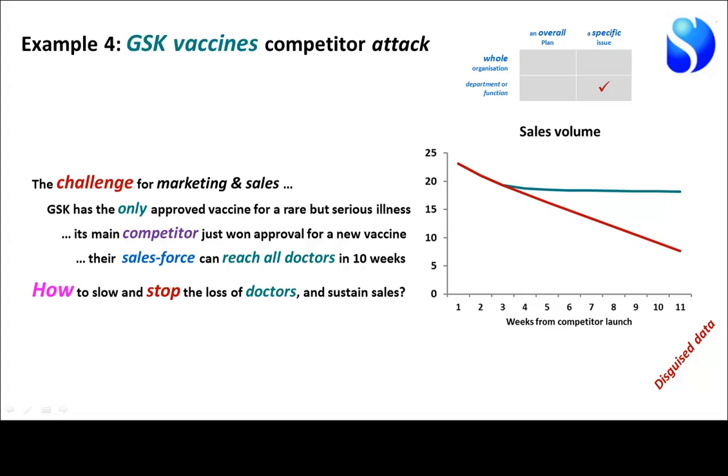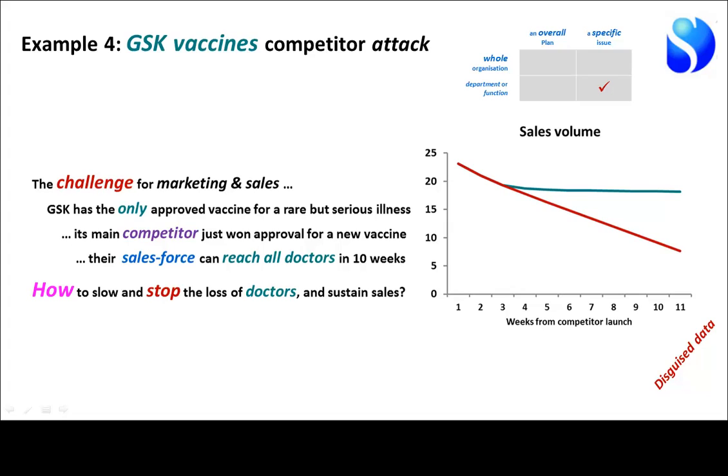And GSK was pleased to discover that they did indeed defeat the competitor and fought them off. So that's the fourth quadrant of that mix of the different purposes that strategy fulfills and the different levels at which strategy can be thought of, for the whole organisation, or just for a department or a function or a business unit.